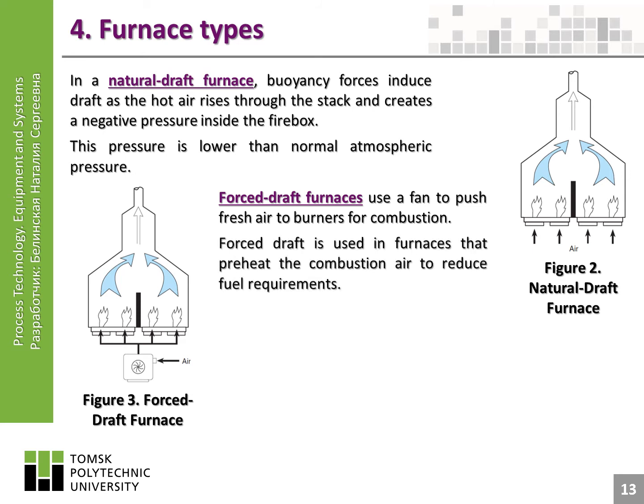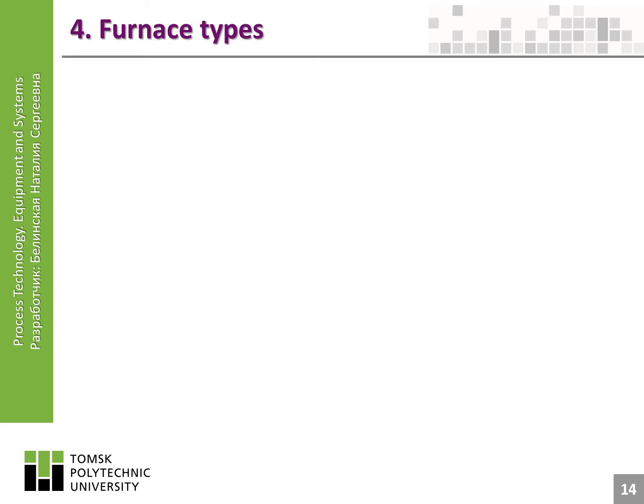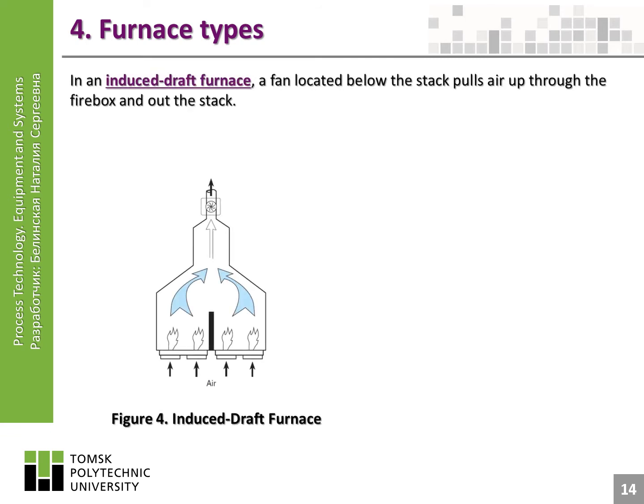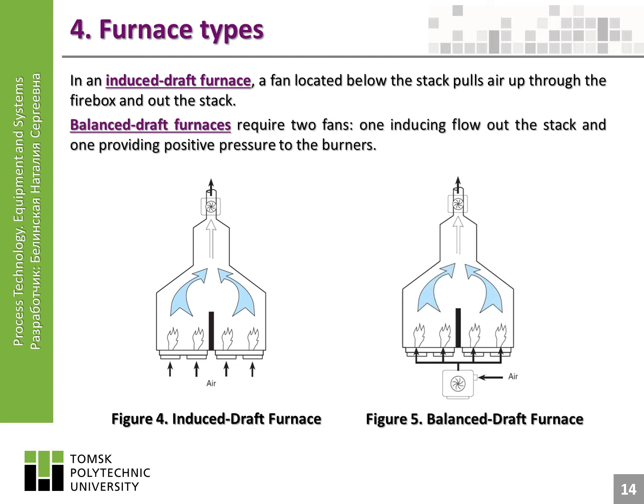Forced draft is used in furnaces that preheat the combustion air to reduce fuel requirements. In an induced draft furnace, a fan located below the stack pulls air up through the firebox and out the stack. Balanced draft furnaces require two fans, one inducing flow out the stack and one providing positive pressure to the burners.